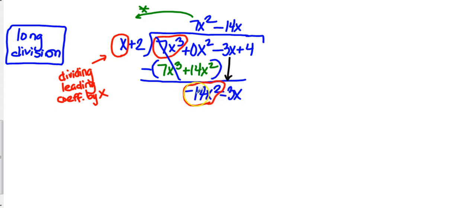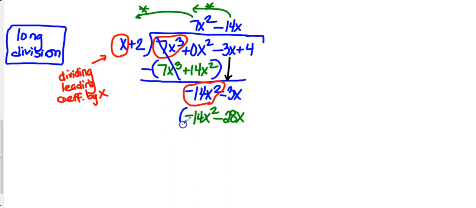Negative 14x squared divided by x gets you negative 14x. We now take this, multiply it through. So negative 14x times x is a negative 14x squared. Negative 14x times 2, negative 28x.